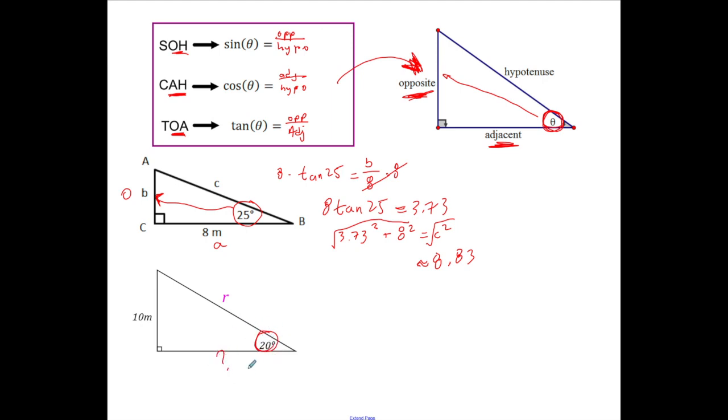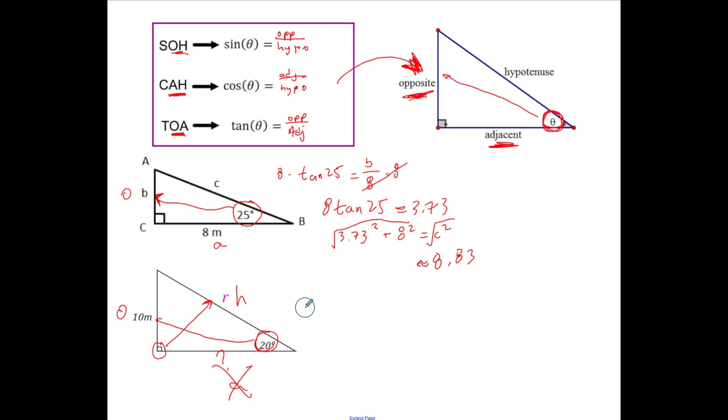Now the next one here, I have 20 degrees here. I don't know A, that's unknown. This is opposite because it's all the way on the other side. This is my hypotenuse because here's the right angle, the largest angle. Opposite it is the largest side, the hypotenuse. So I don't have A, but I have O and H. So that's SOH.